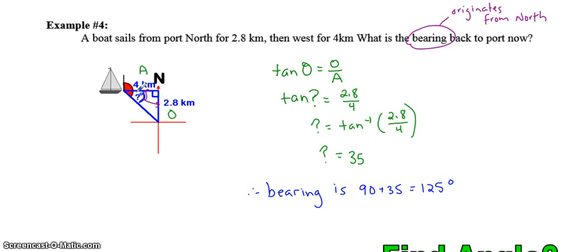So because this angle right here was equal to 25 and north starts up here, you had to take 90 and add the 25 to make 125. So that is from north what the entire angle of rotation is right there.